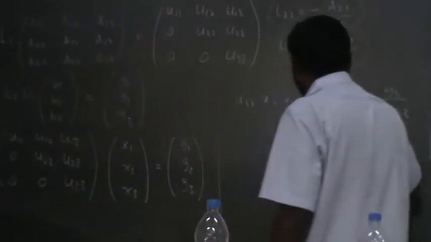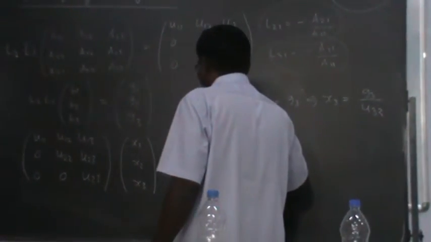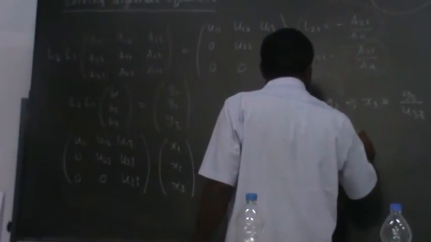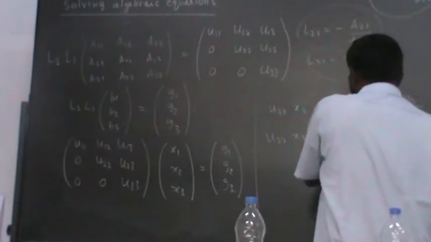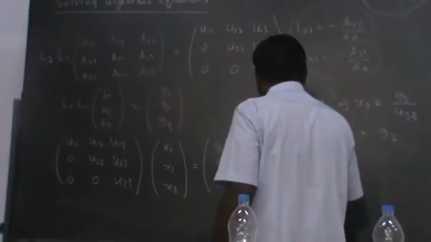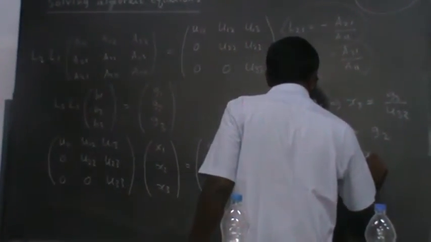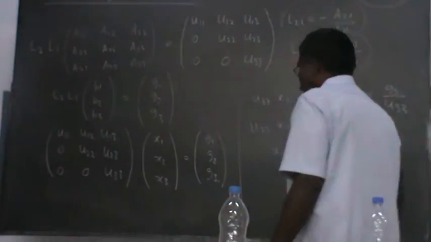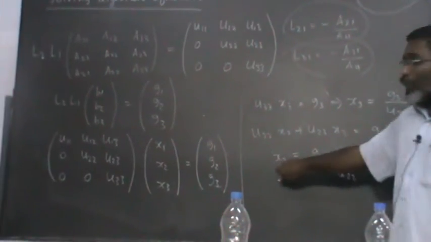So first I will get x3. Then U22 x2 plus U23 x3 is equal to G2. But I already know x3, so I can write x2 as G2 minus U23 x3 divided by U22. I already know x3, so I can use that x3 to find x2.